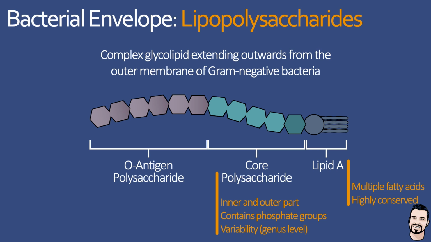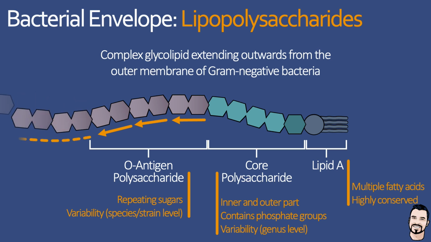It helps provide stability to the outer membrane and contributes to the overall negative charge of the cell surface. And finally, we have the O antigen, which extends outwards from the core as a long chain of repeating sugar units, with each sugar unit having between 3 and 5 sugars, which are repeated around 10 to 25 times on average.